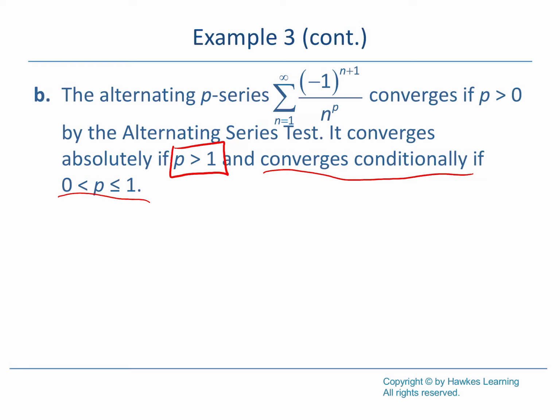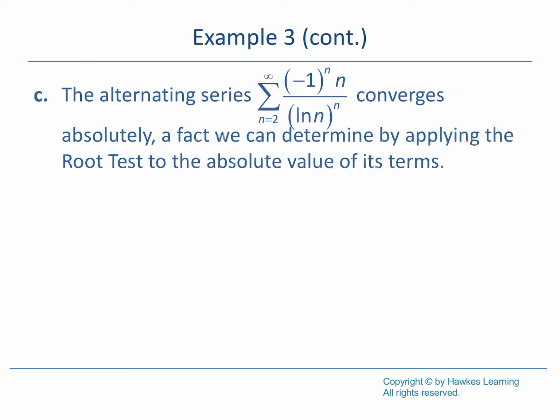And would the terms approach 0 as n goes on? And the answer is also yes. So this thing does converge as an alternating series, but wouldn't converge as just a normal P series for those values. So that part is conditionally convergent.